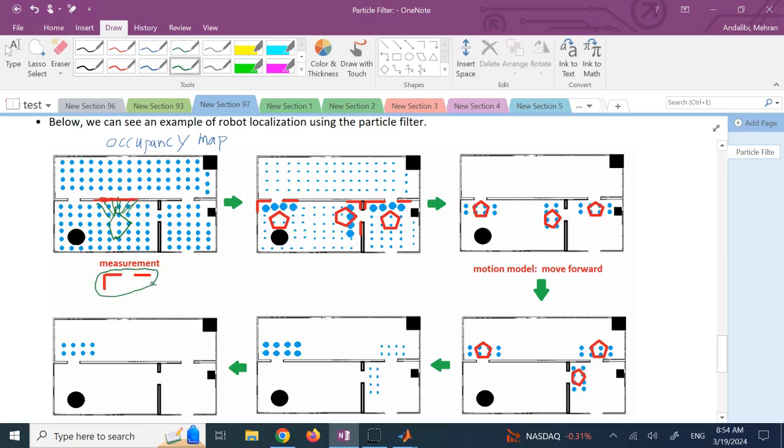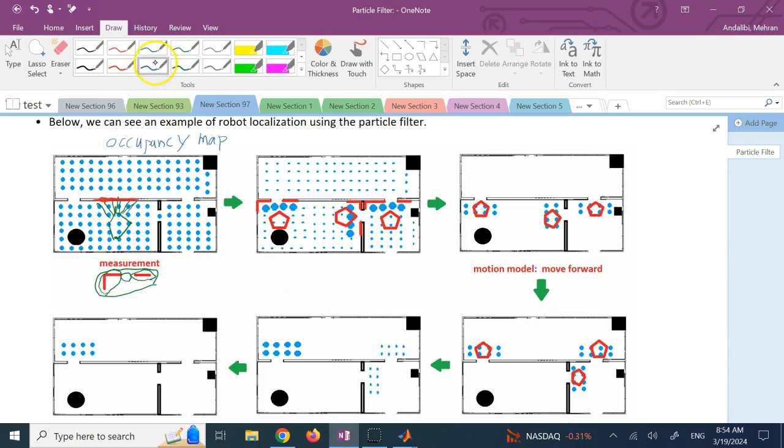Well, what would you do? You say, now I look and see which one of these particles, if I put the robot centered at each and every one of these particles, will see something similar to this shape? Because this sounds like there is a corner on the left side, a straight wall on the right side, and an opening in front of the robot.